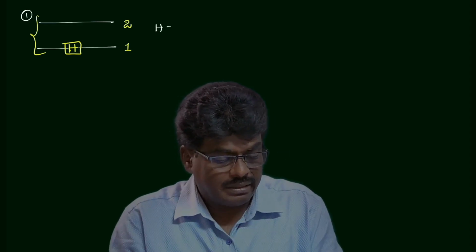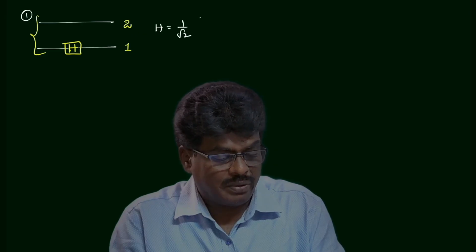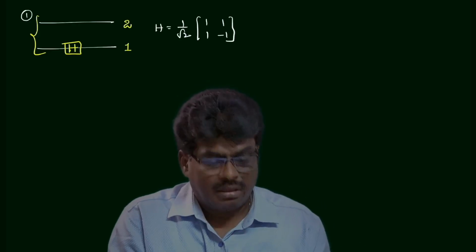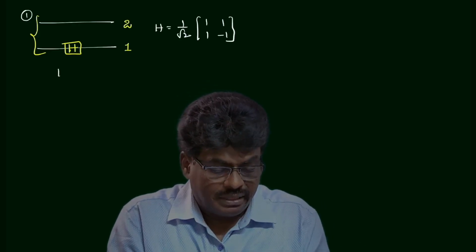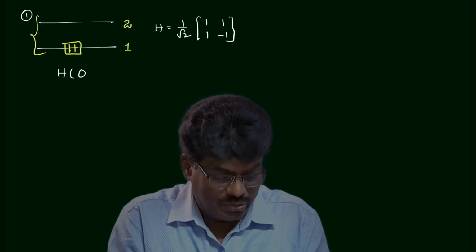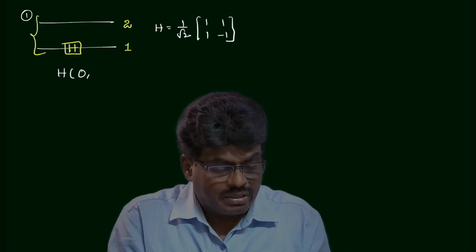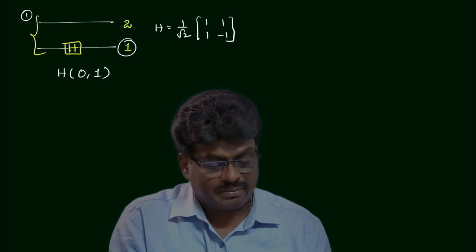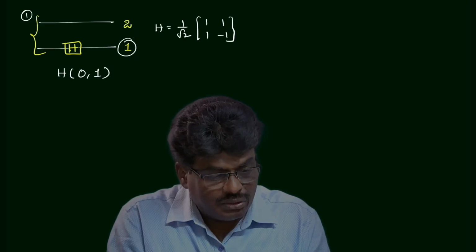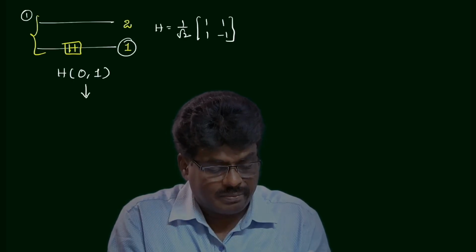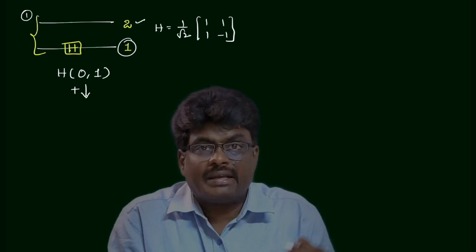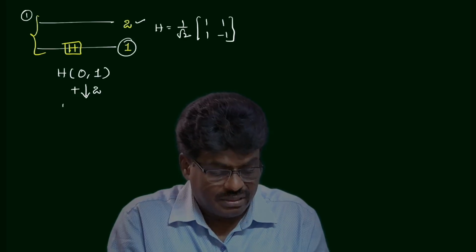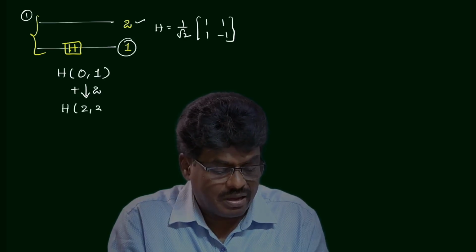And my this Hadamard operator, 1 over root 2, 1 1 1 minus 1. Let us write the operations, that is h of 0. Okay, so your target is 1 here because it is on a first state, and after that you have to add whatever the remaining decimal state is there, that is 2, that is h of 2 comma 3.